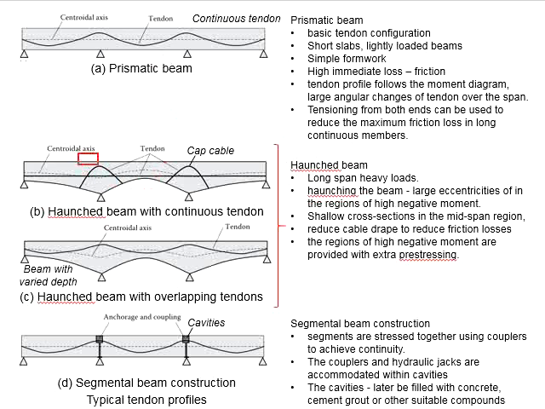This can be done by having this cap cable, which at the end of the day will lead to the equivalent centroid of the tendons being halfway between the cap cable and the straight tendon, and that distance from the centroid of the tendons to the centroid of the section will be the effective eccentricity.